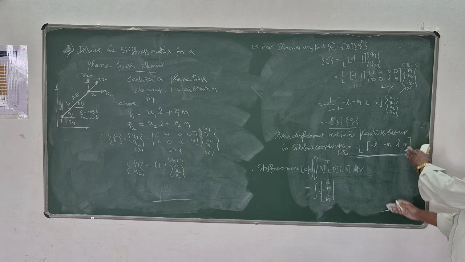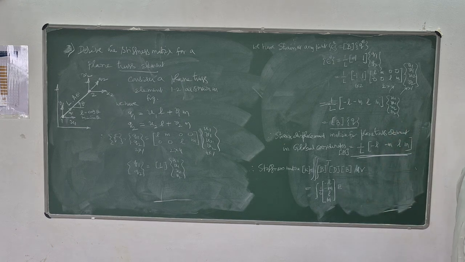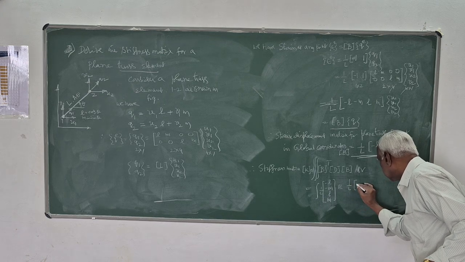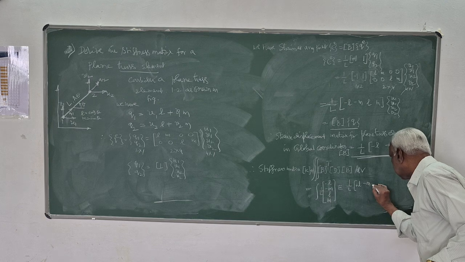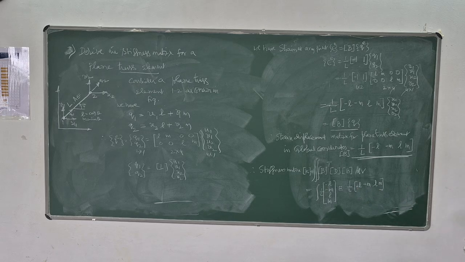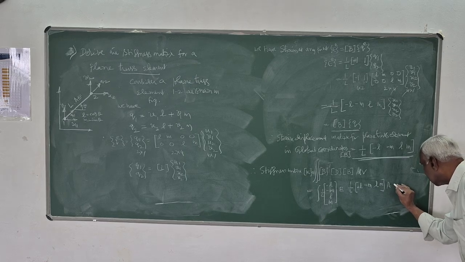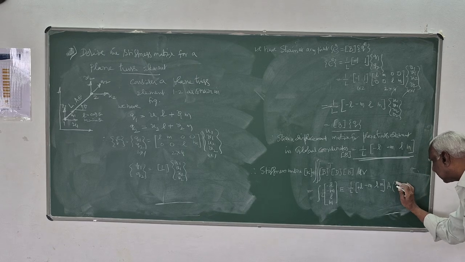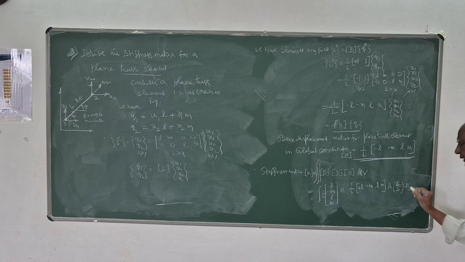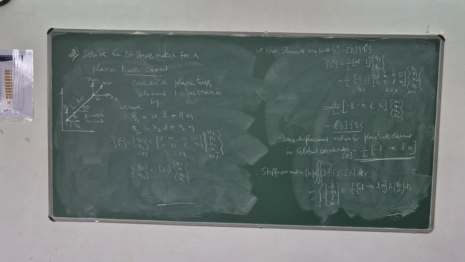And dV is nothing but area into dx. dx I will convert into L by 2 into dz, the same way as I did for the bar element.